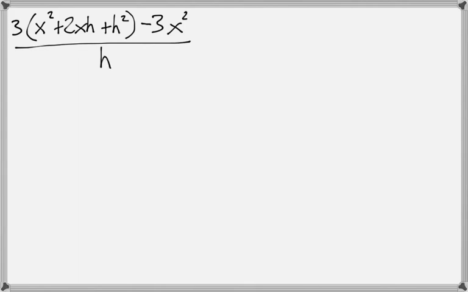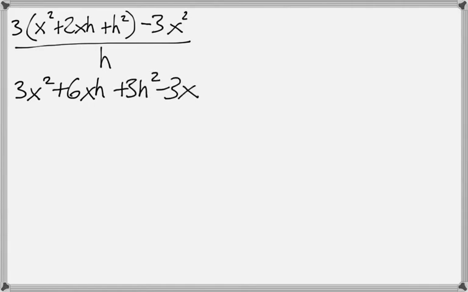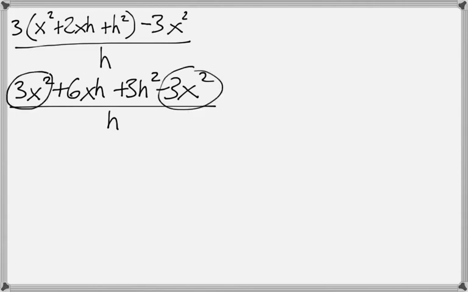Next, I want to distribute that 3, so it's going to be 3x squared plus 6xh plus 3h squared minus 3x squared all over h. You'll see that the 3x squareds cancel out, and I'm left with 6xh plus 3h squared all over h.